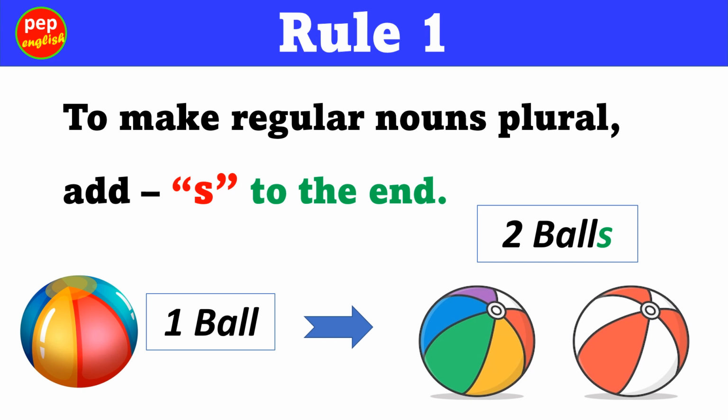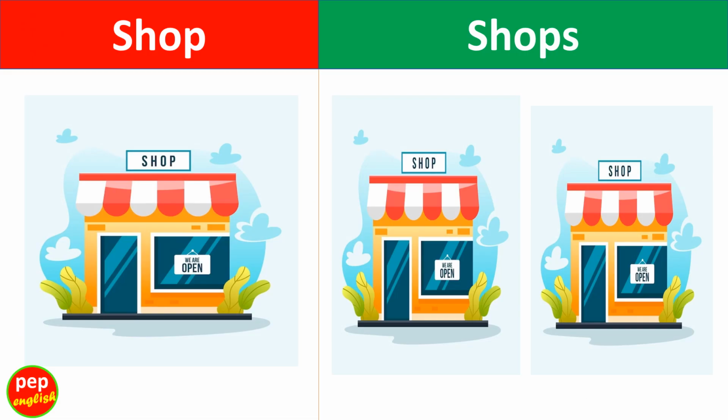To make regular nouns plural, add s to the end. 1 ball. 2 balls. Shop. Shops.